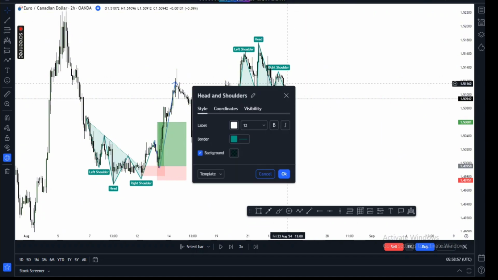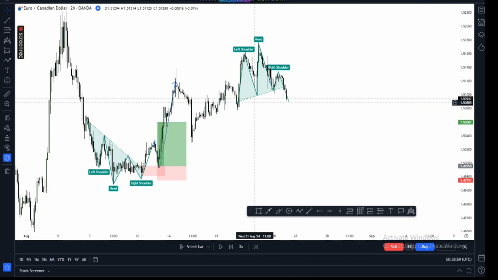Did you see that? As straightforward and as easy as that. So this right here was now the breakout.